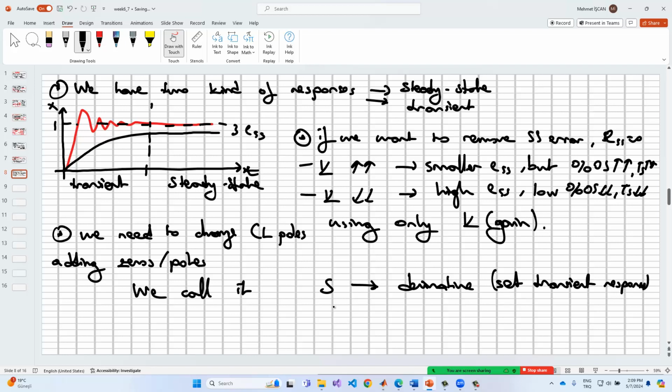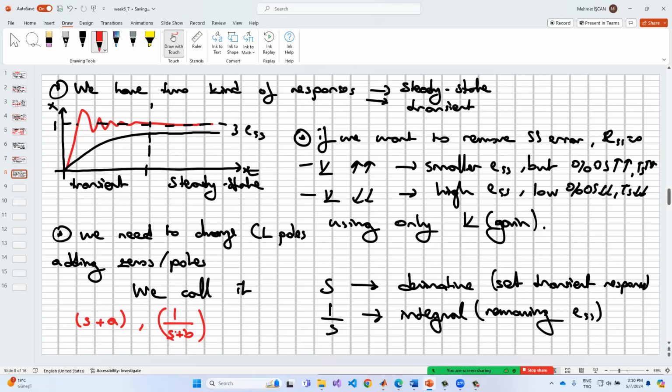And so if we use the integrator just like this one, this is the integral term, it's directly removing ESS, okay? And so if we add any other terms, S plus A or 1 divided by S plus B, then we can change the closed loop poles or the characteristic equation of this system, and then we can manipulate the what?